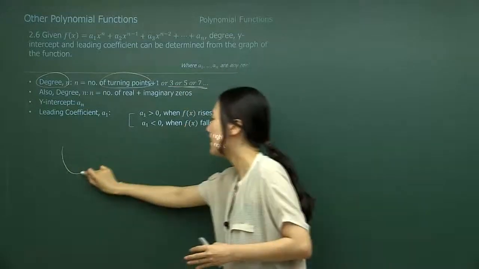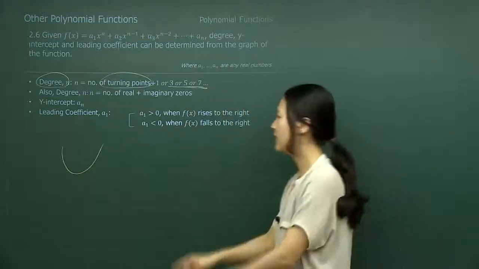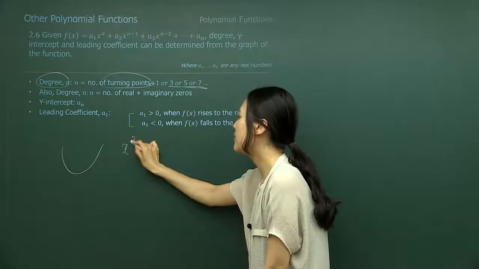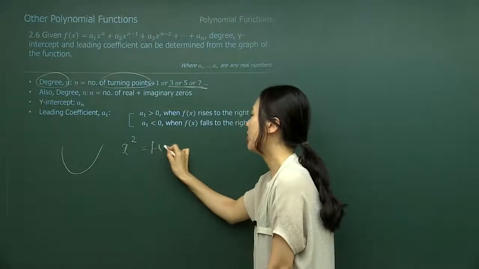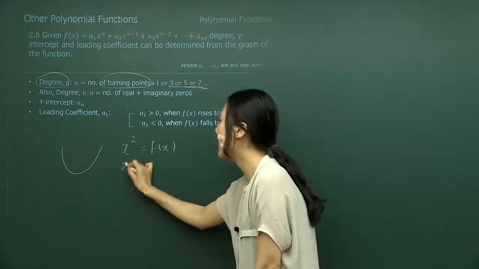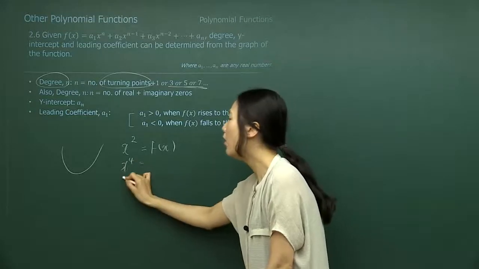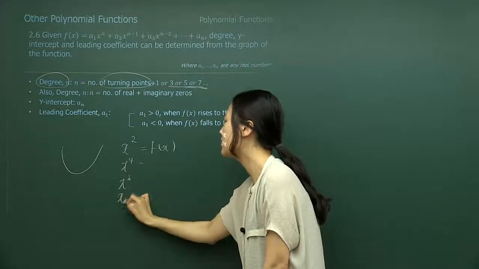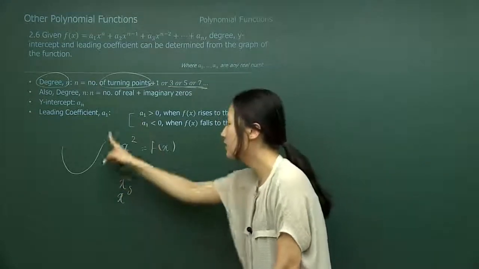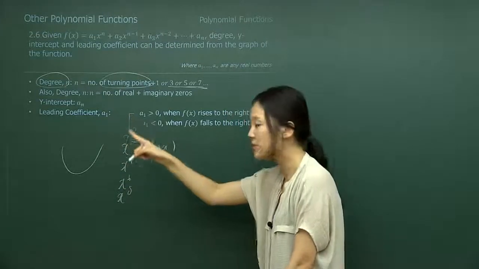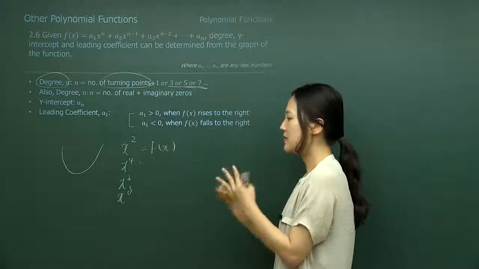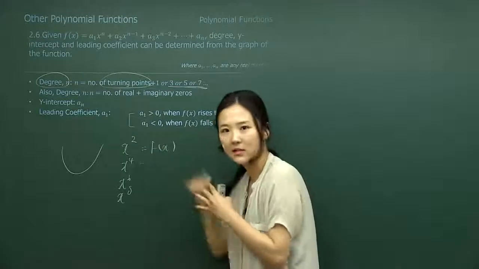When you see a parabola, a parabola can be given by the function x squared, but also by x to the 4th power, also by x to the 6th or to the 8th. All of these look like a parabola. The only difference is that this one will grow much faster than the other one.